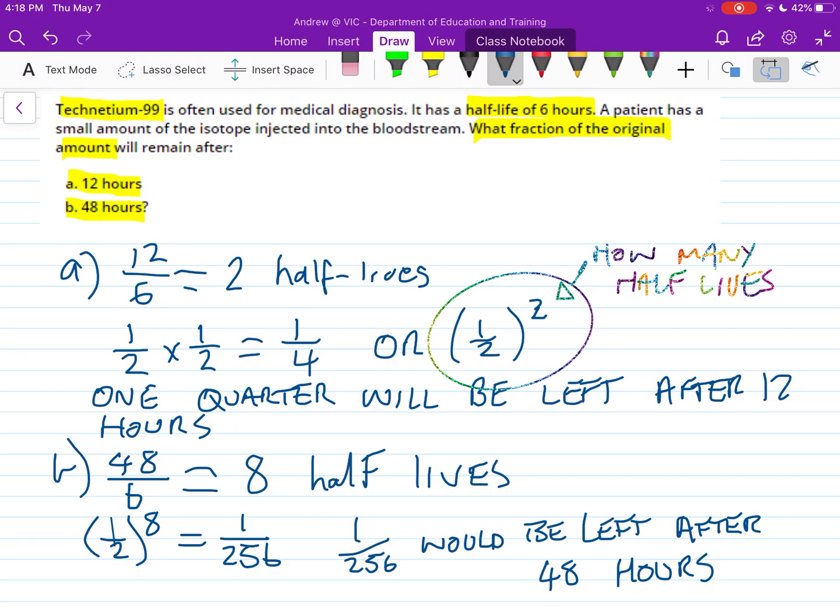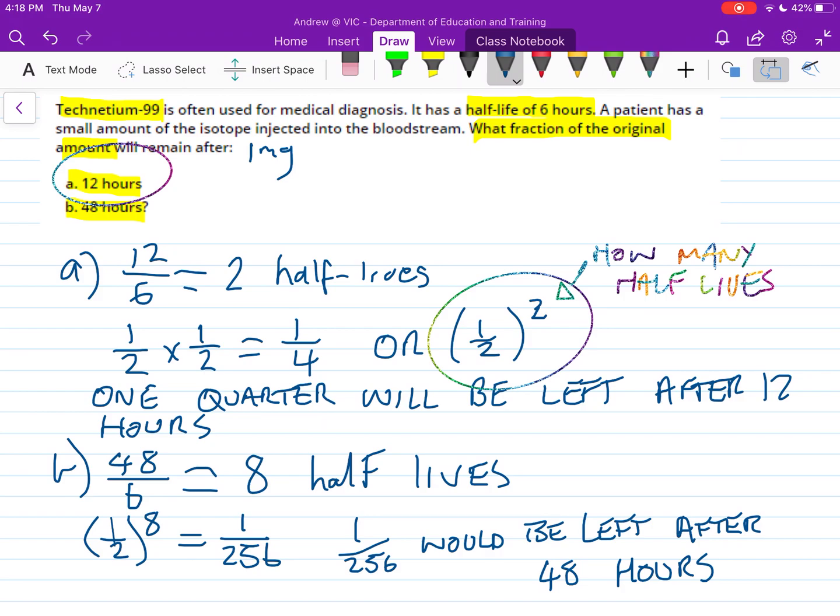I told you I was going to tell you how to do it if you had an amount. I'm just going to do this for example A, because this is a really easy number to work with. If we had, say, 10 grams injected, well, that's a lot. We'll just say 1 milligram was injected. We would have a quarter left.